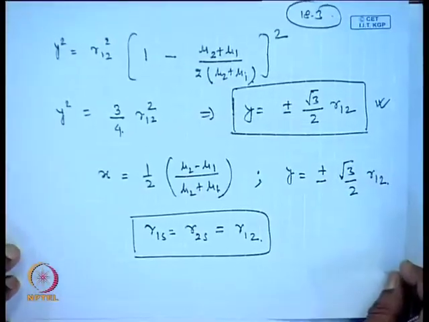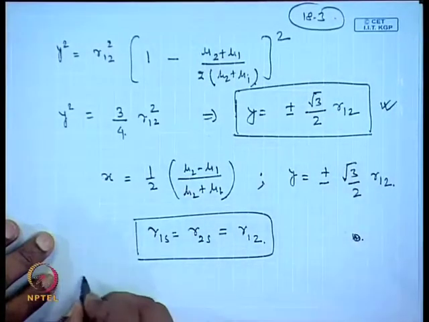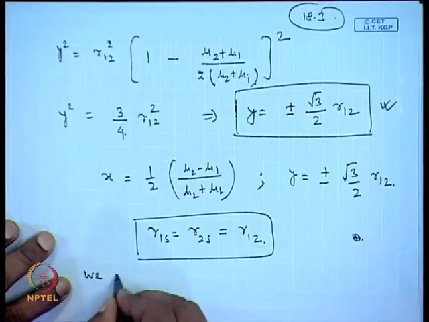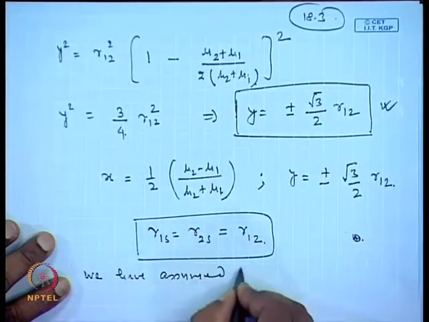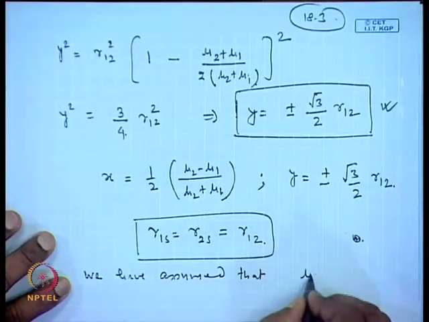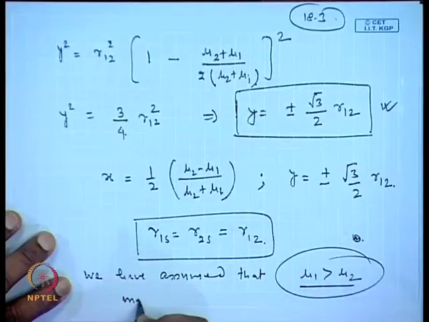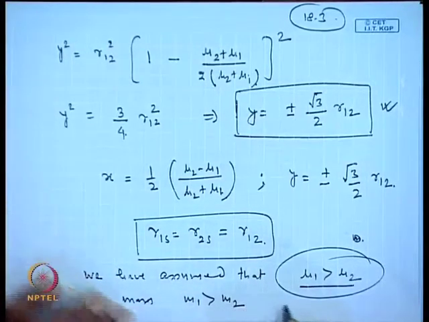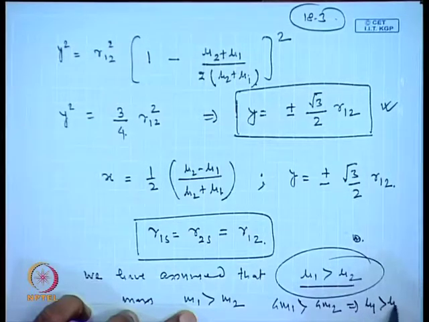Moreover, because we have already assumed that mu 1 is greater than mu 2, that is, the mass m 1 is greater than m 2, if we multiply both sides by G, this implies mu 1 is greater than mu 2.